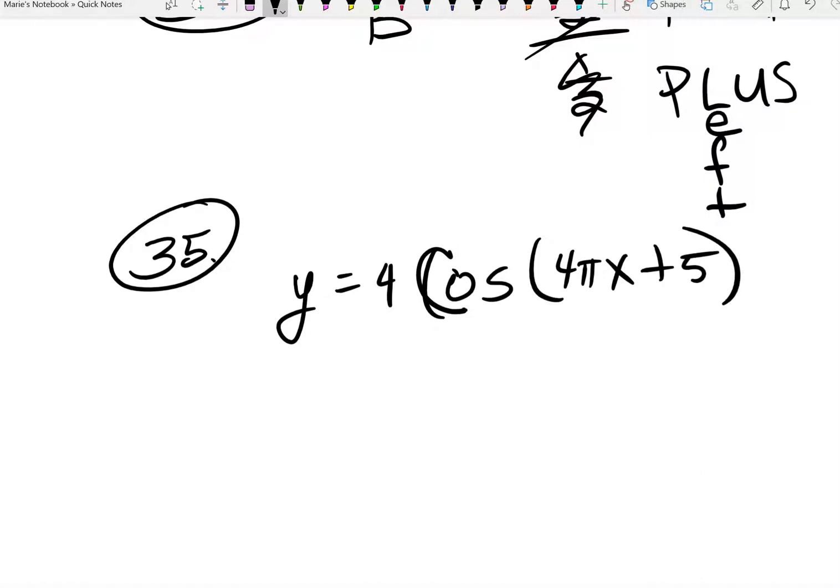Okay, so for this one, again, we're going to the left, so we can eliminate answers B and D. You can also look at answer choice A and say it's not answer choice A, because answer choice A says you're going to go 5 units to the left, which is irrelevant.